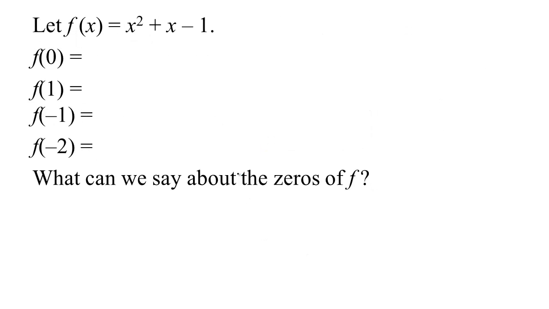One place this is really handy is if you're searching for places where a function crosses the x-axis. Let's just look at this particular function. If you plug in 0, negative 1 comes out. If you plug in 1, you get 1 squared is 1, plus 1 is 2, 2 minus 1 is 1. If you plug in negative 1, you get 1 and negative 1, and another minus 1 would make negative 1.